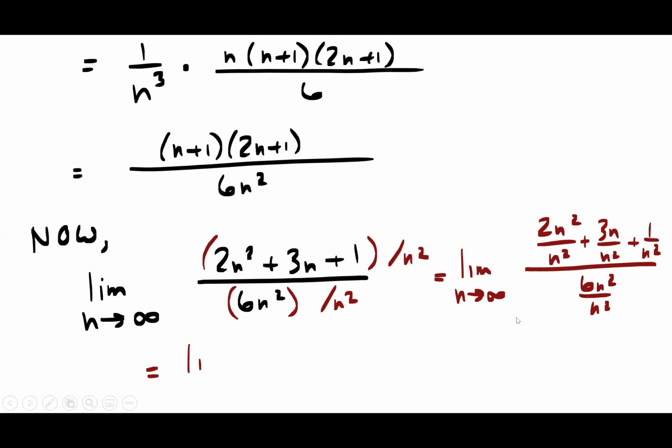So the only thing that remains off of this, yeah, I should write it in. So let's go with it here. Limit as n goes to infinity is going to be 2 plus 3 over n plus 1 over n squared. Nothing canceled there, over 6. You don't care about the 6. Let's see, that guy's going to go to 0, right? That guy's going to go to 0 because you have a fraction.